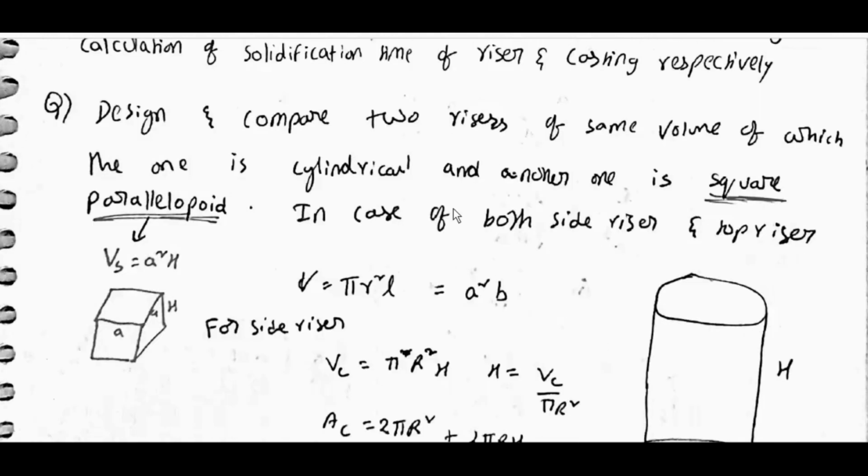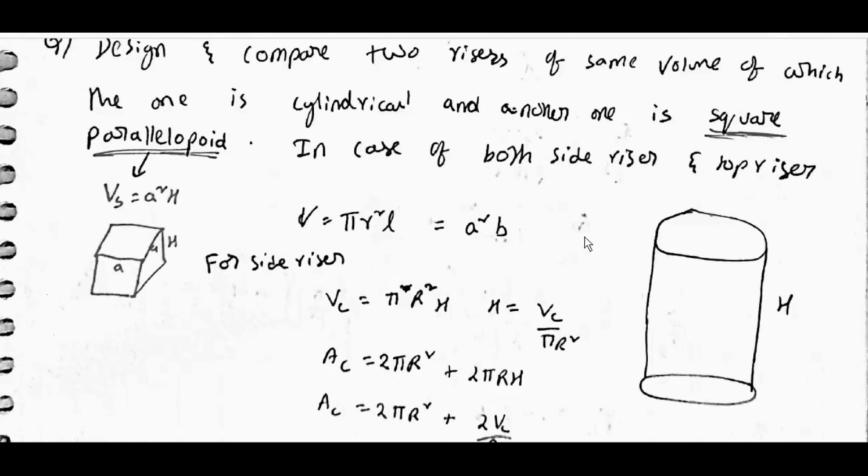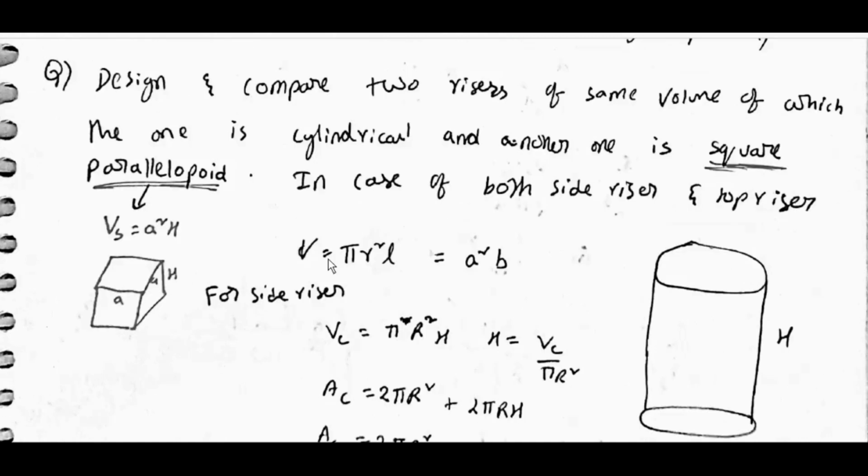Design and compare two risers of the same volume, of which one is cylindrical and another is a square parallelopiped. In case of both the side riser and top riser, for the cylindrical one V is equal to pi r square L, and for the square parallelopiped V is a square b.